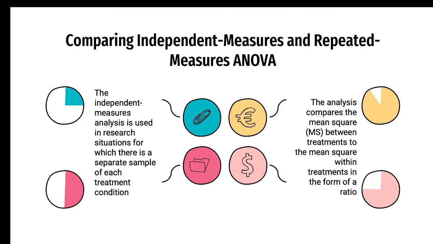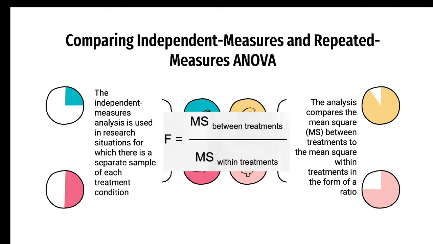Then the analysis compares the mean square between treatments, and we have to remember MS stands for mean square, to the mean square within treatments in the form of a ratio. So here we can say that F is equal to mean square between treatments divided by mean square within treatments.